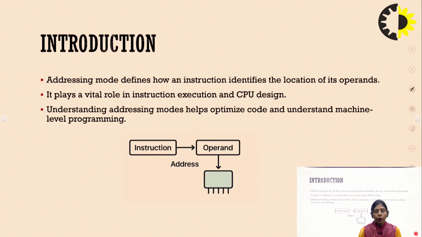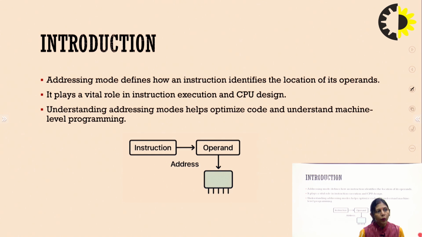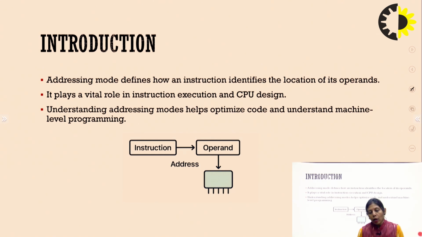So overall, it is the CPU design that decides what type of addressing mode we are dependent upon. Moreover, this addressing mode also helps to optimize the code, and it also helps us understand machine level programming.